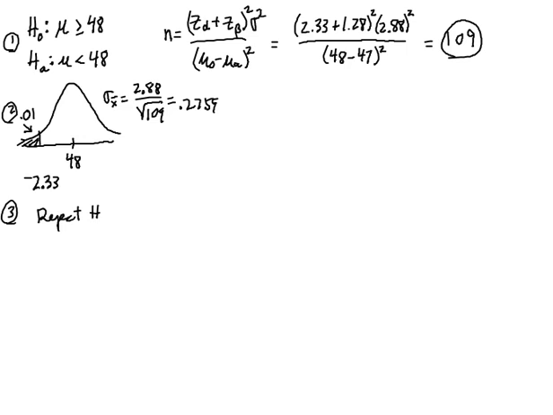And then in step 3, we'll start out with the rejection rule. Reject H sub 0 if z is less than or equal to negative 2.33. Of course, z is our test statistic for whatever sample average we would end up with. And to calculate that, we'd subtract the value we're testing against, the average, and divide it by the standard error.